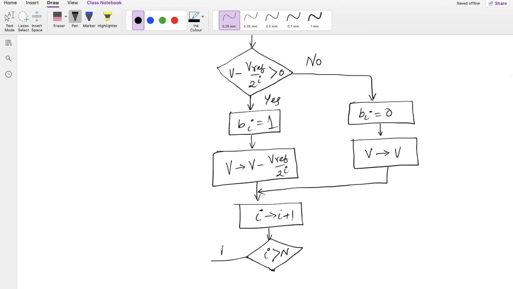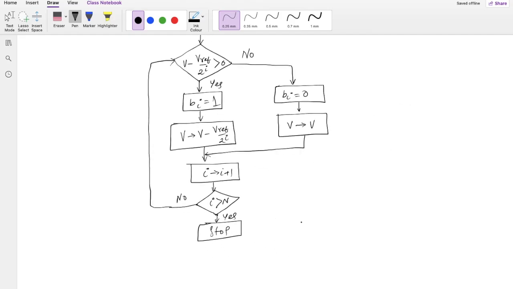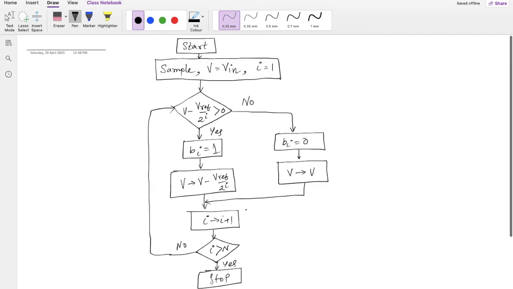If it is no, we continue the loop. If it is yes, we stop the conversion.